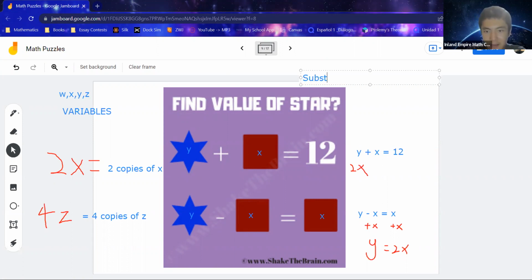It's called substitution, or people also say substitute, but that just means that since we know y is equal to 2 copies of x, we can replace the y in the equation with 2 copies of x, or 2x. And we can write 2x plus x equals 12.